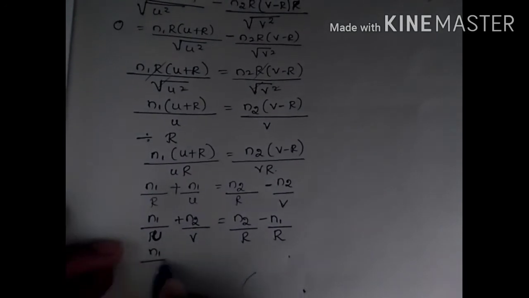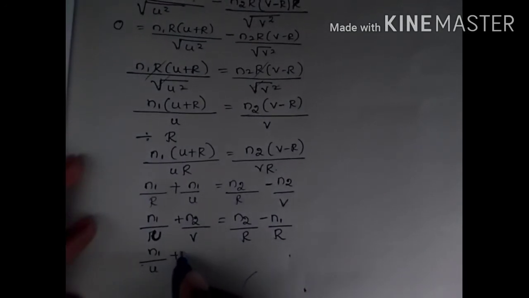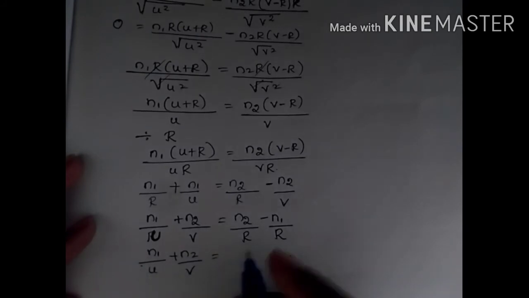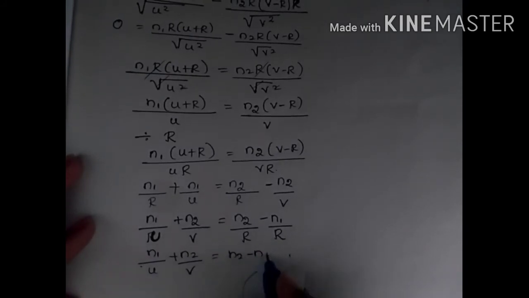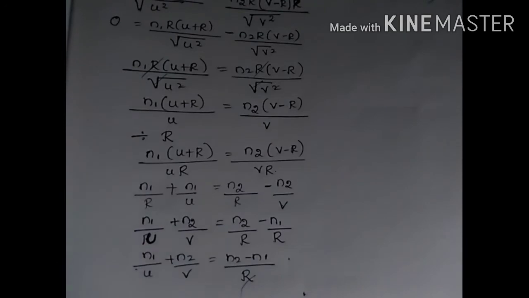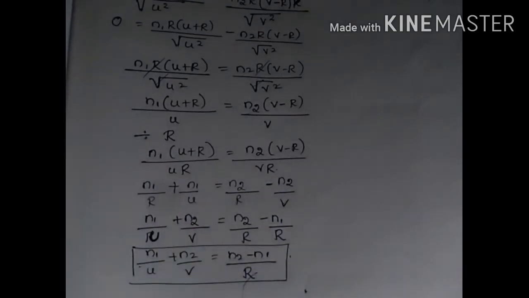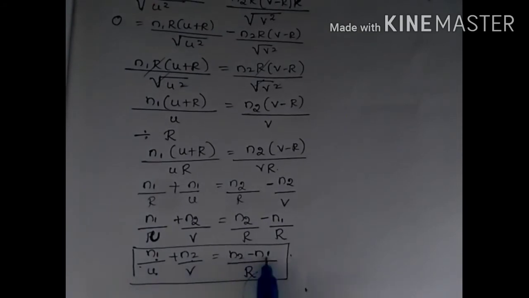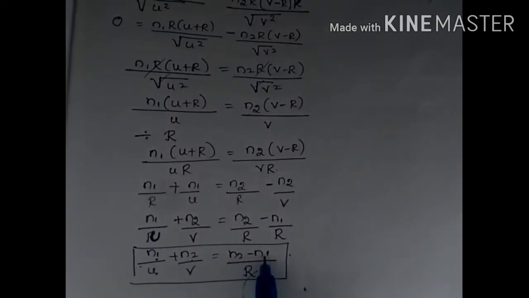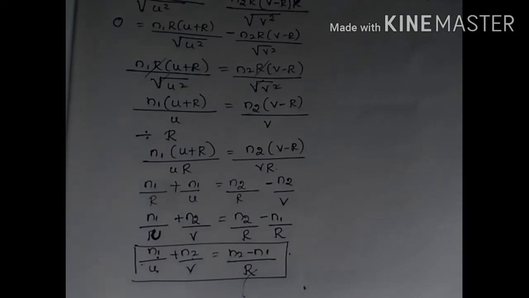This can be written as n1 by u plus n2 by v equals (n2 minus n1) by r. So this is the final equation for the law of refraction: n1 by the object distance, n2 by the image distance, equals the difference of n2 and n1 divided by r. This is the equation for refraction at a spherical refracting surface.